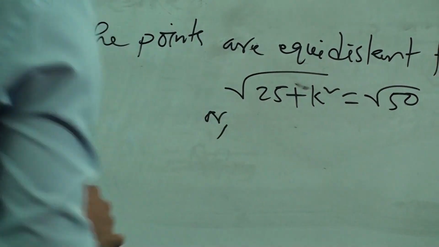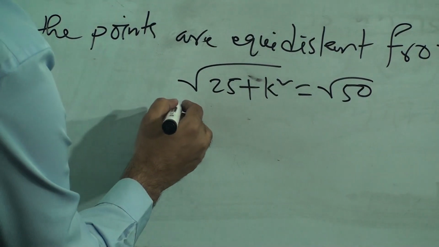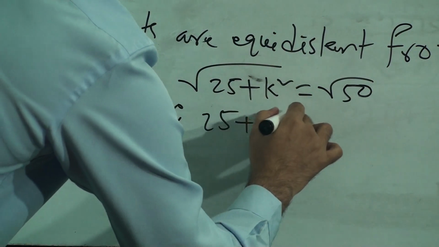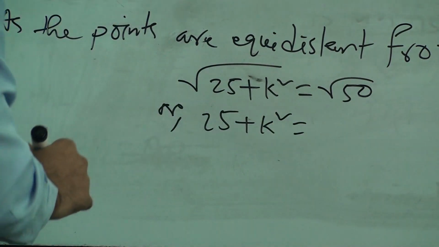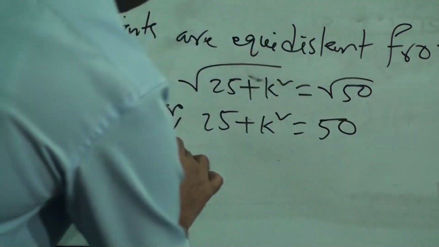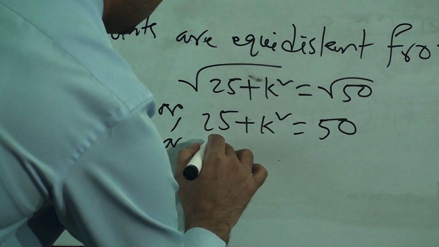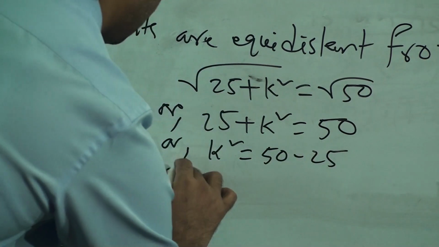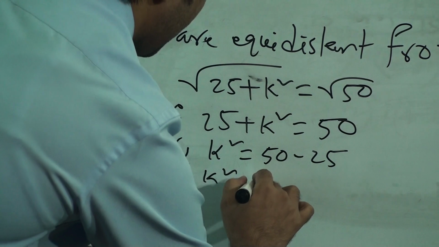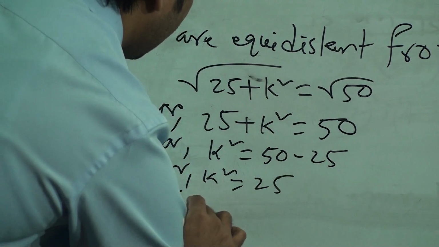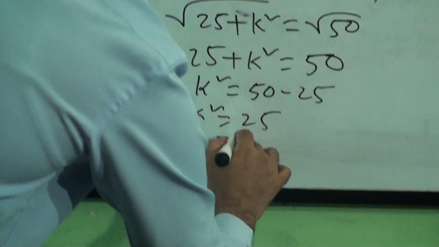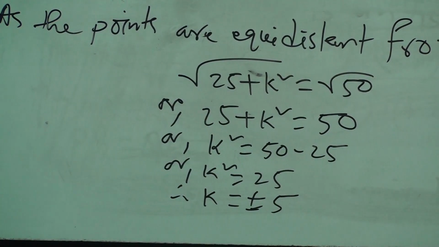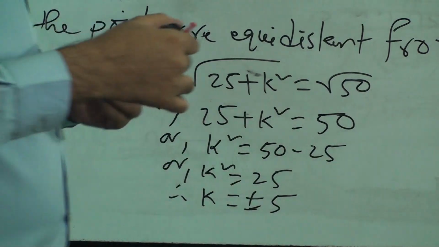If we square both sides, we get 25 plus k square equal to 50. It means that k square is equal to 50 minus 25, or k square is equal to 25. Therefore k is equal to plus minus 5, taking square root on both sides.